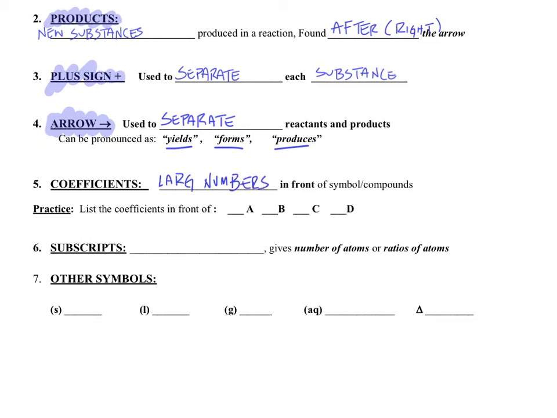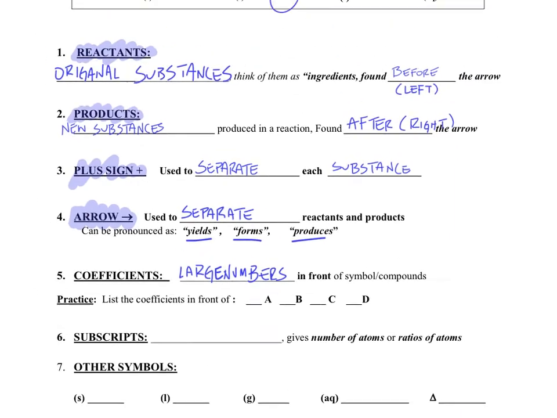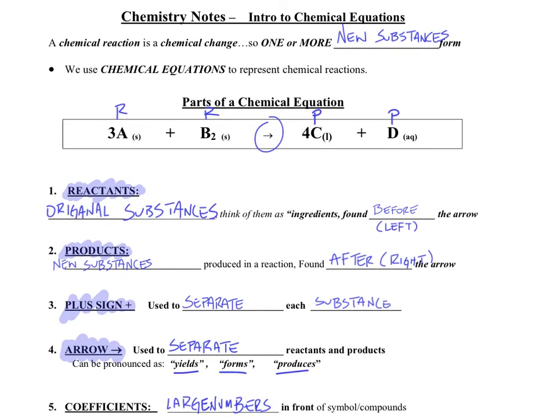When I look at my equation back up at the top, I see it says 3A plus B yields 4C plus D. So the large numbers in front of the substances, like the 3 and the 4 here, are coefficients.